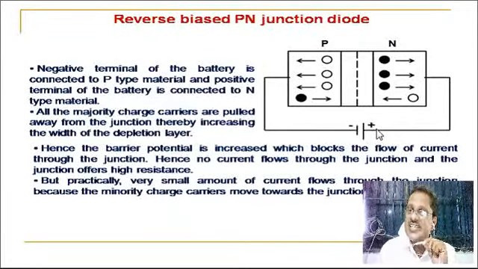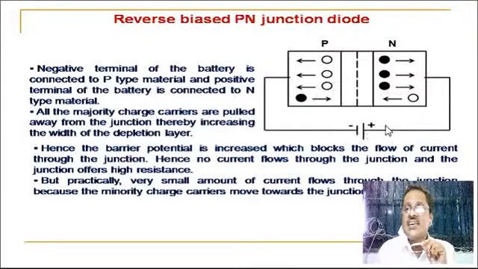That means the majority charge carrier electrons and holes are pulled away from the junction and attracted towards the terminals of the battery. Therefore, what will happen? There will be no current flowing through the junction.